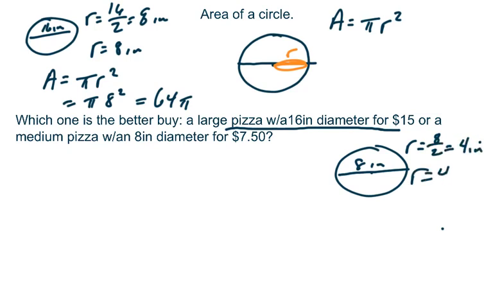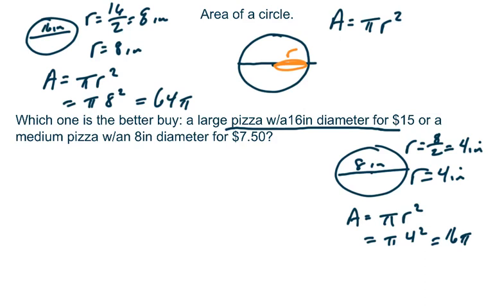So radius is 4 inches. Area is equal to pi r squared. Pi times 4 squared, pi times 16. So that just gives me 16 pi.